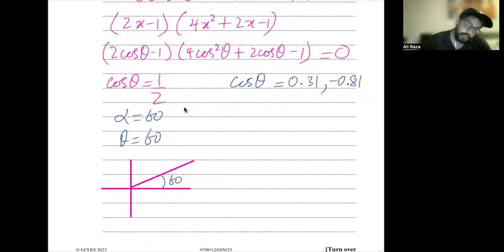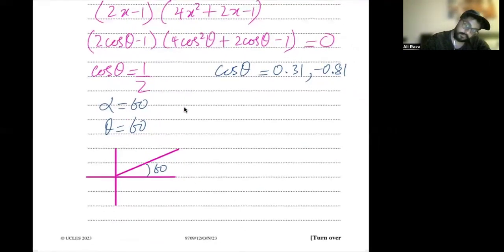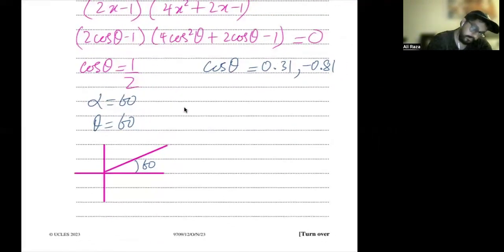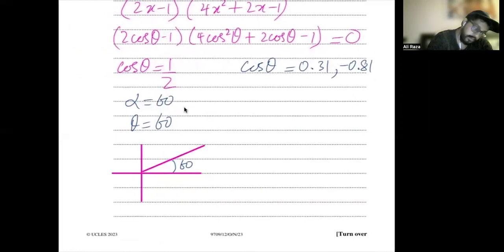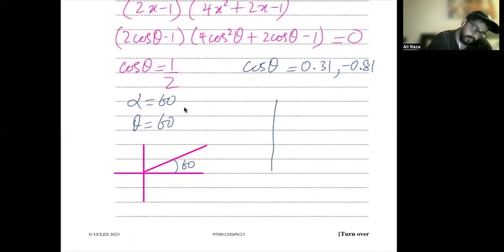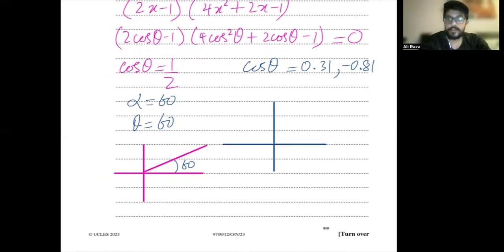For these two values, we have cos inverse of 0.31.